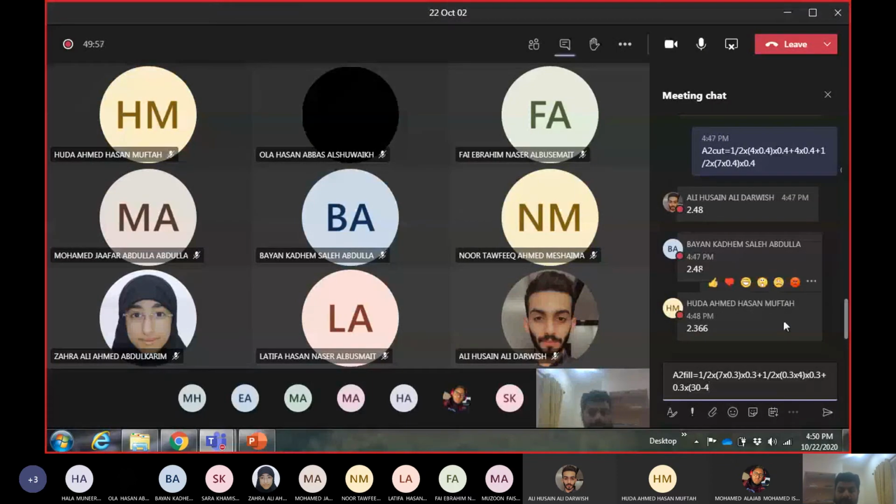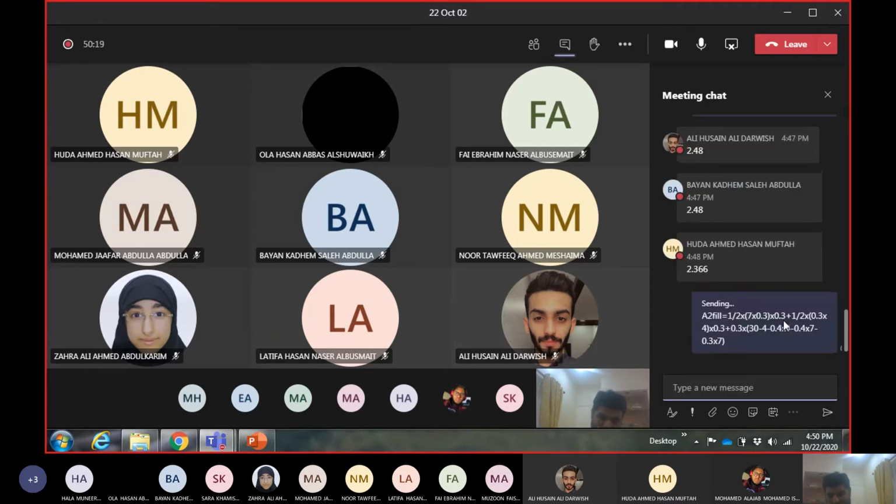Okay, then the base of the first triangle on the right hand side, which is 0.4 into 4, minus the base of the second triangle, which is 0.4 into 7, minus the base of the third triangle, which is 0.3 into 7. Okay, so this will give you the area for filling at station 2.